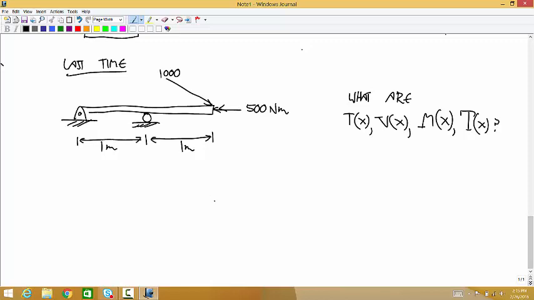And we went as far as calculating all the external loads. We just haven't done the internal loads yet.